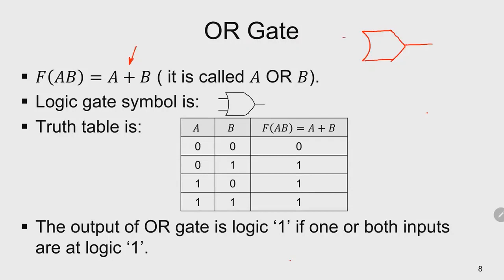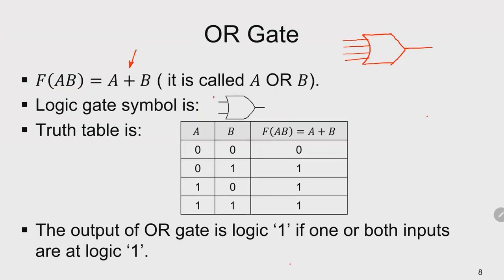Okay, so it can have many inputs, but in this case, the Boolean variables are just two, A and B. So there are two inputs and one output. Okay, so this is our symbol for our OR gate.